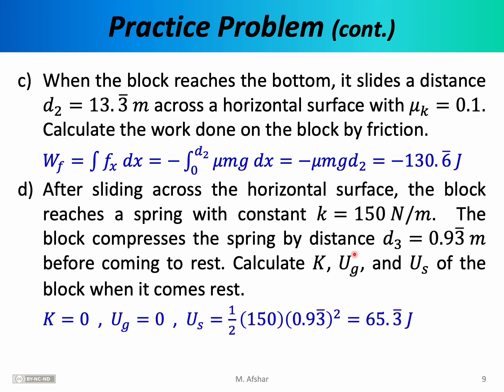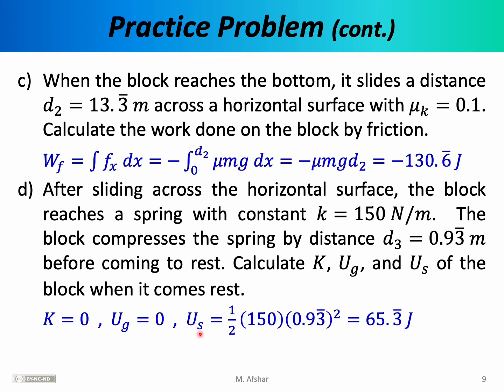Well, if the block comes to rest, then its kinetic energy must be 0. The block is on a horizontal surface, its height is 0, so the gravitational potential energy should be 0. However, it has now compressed a spring. The mass spring system now has some stored energy. We call that spring potential energy.